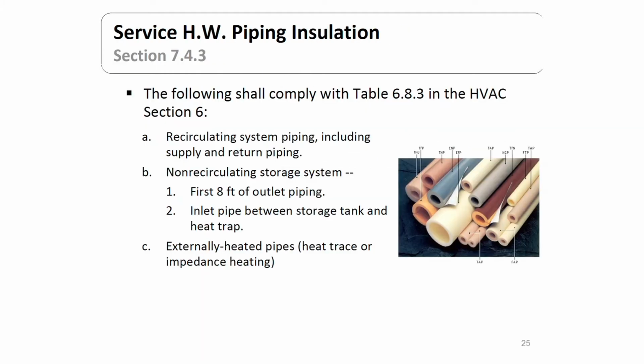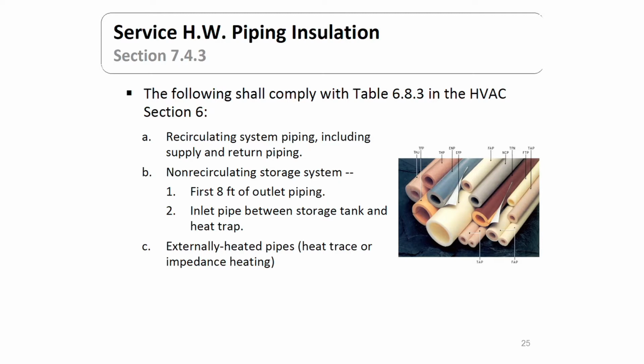On piping insulation for hot water, basically it's the same as that for the HVAC. So back in Section 6, we actually looked at a table that had the R values for these pipe insulation factors. And it's specifically now for hot water systems, that is service water heating systems.